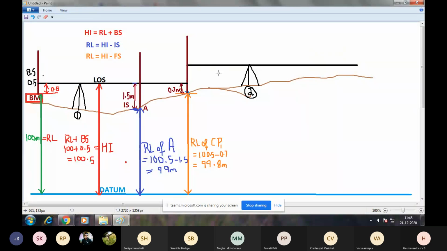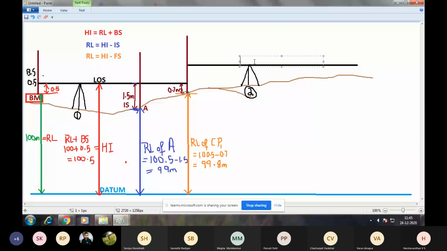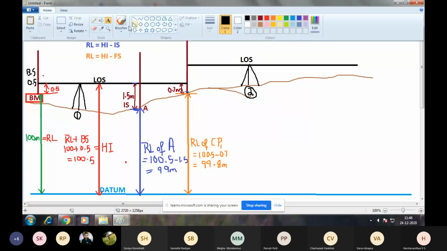Now, because I've shifted my instrument, I'm getting a new line of sight, and I have to calculate the elevation of this.